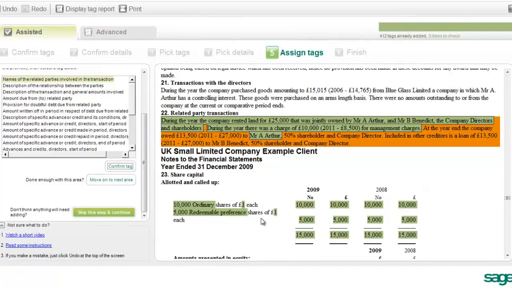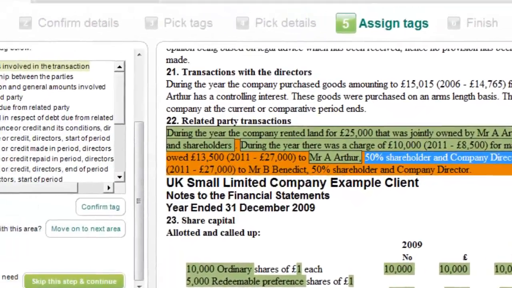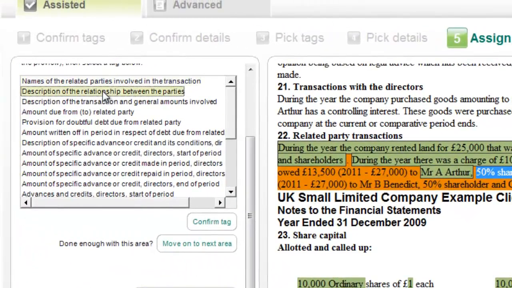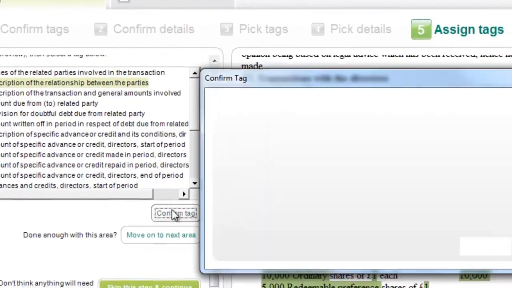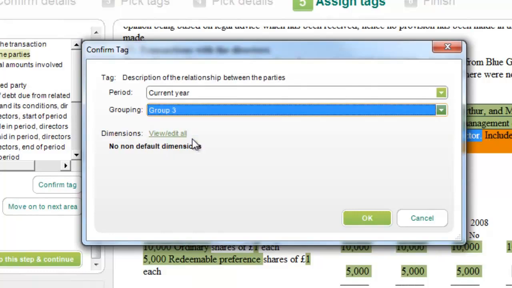The description of the relationship between the parties is that Mr. A. Arthur is a 50% shareholder and company director. I will use group 3 for this tag as well. I do not need to increment the group because I haven't used this tag with group 3 already.